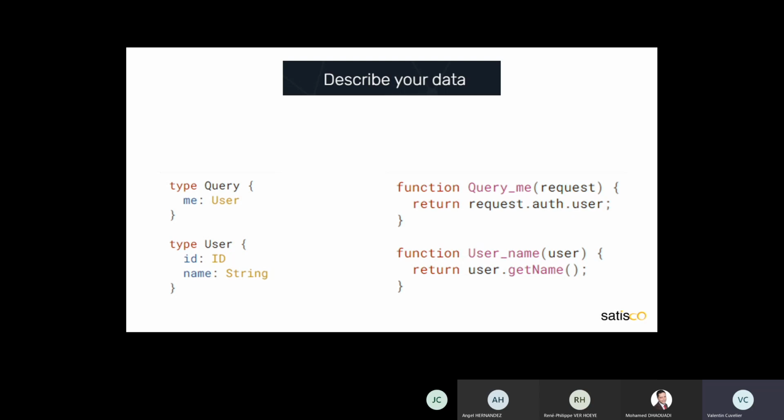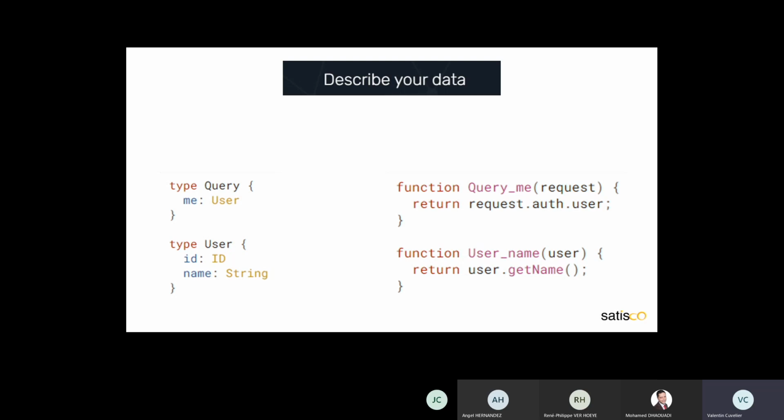Okay, thank you. So on the left side, we define two types, query and user. In the query, we have a user called me, and in the user, we have an ID and a name. So here we can see that we define types and fields on these types.